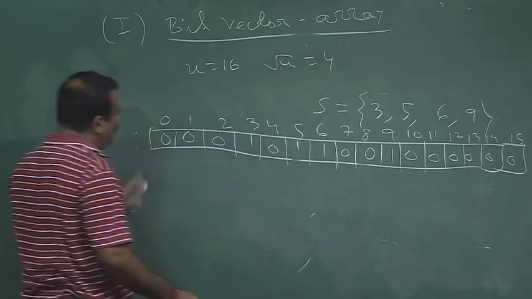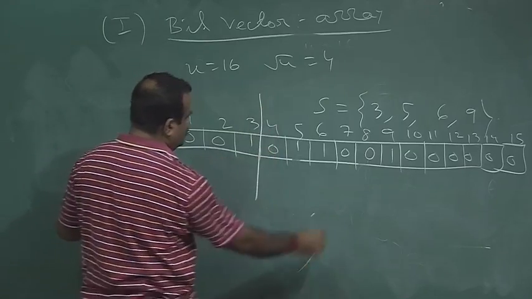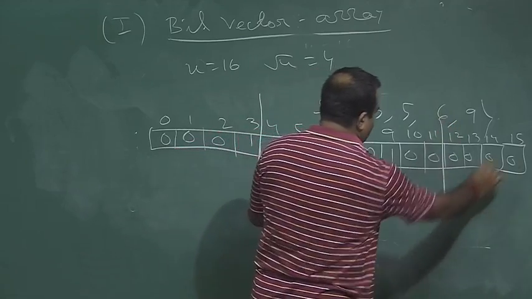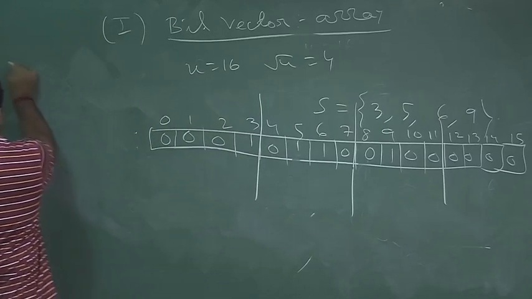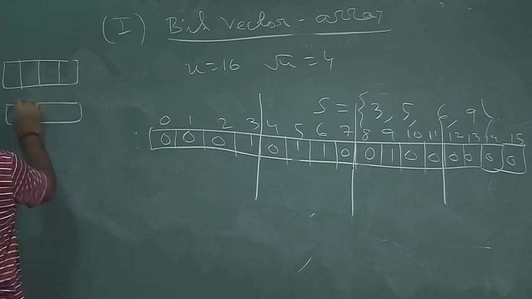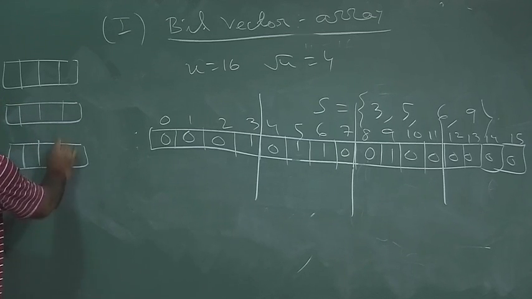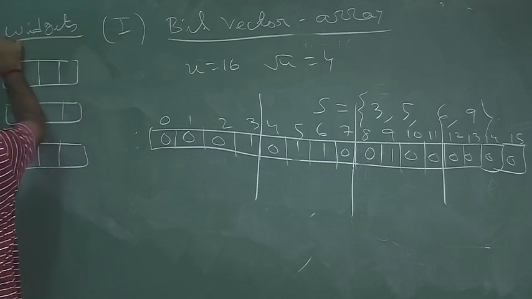So, we divide into groups of 4 bits: here, here, here. This is the first 4 bits, this is the second 4 bits. These are also called widgets or blocks.